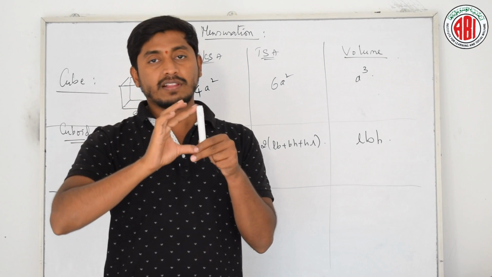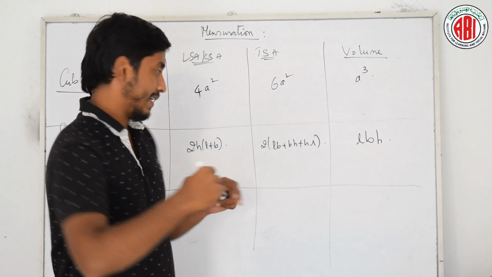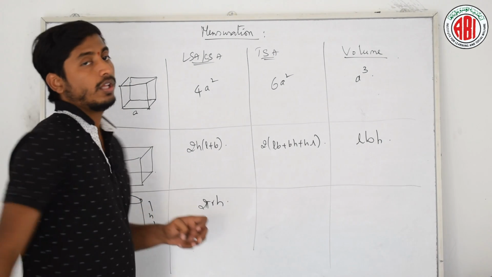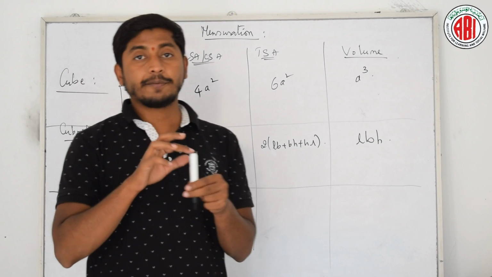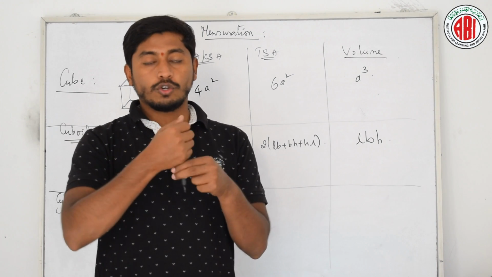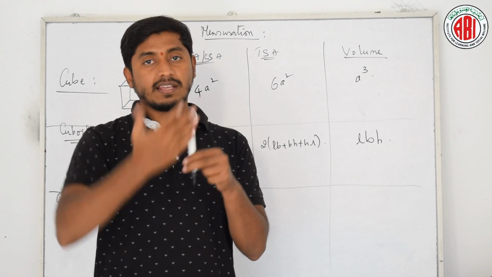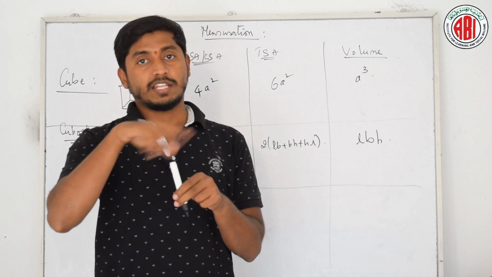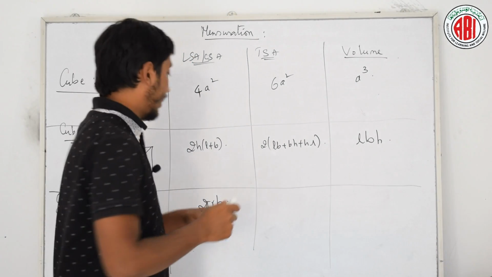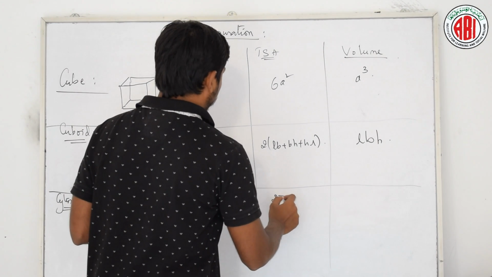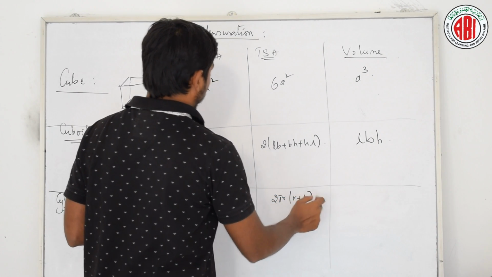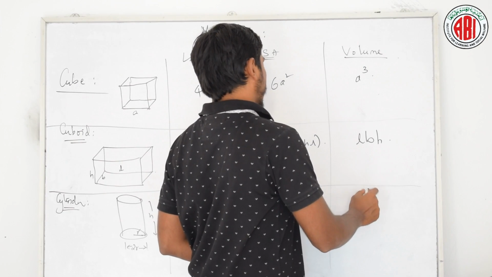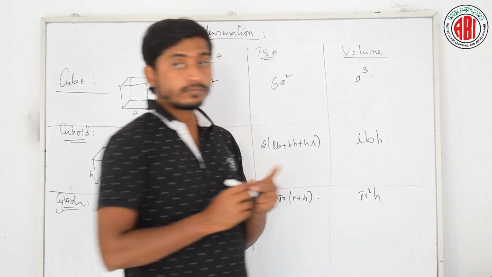If I multiply with h, that will be my CSA. CSA of cylinder is 2 pi r h. What about TSA? TSA is 2 pi r h plus the area of this circle and the area of the bottom circle, which means 2 pi r square plus 2 pi r h. If I take 2 pi r common, I will get it as 2 pi r into r plus h. What is the volume? Pi r square h.